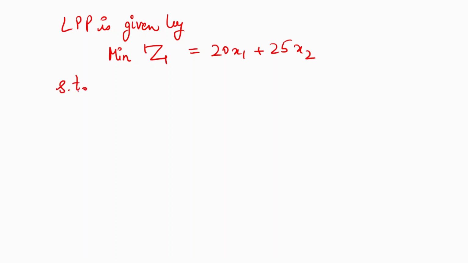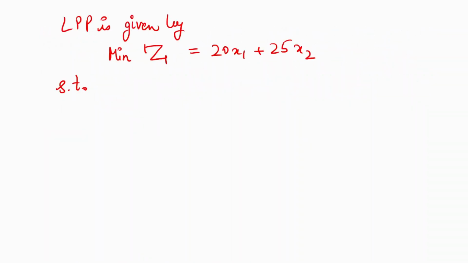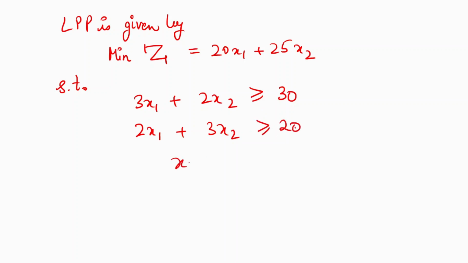Now when we are talking about the vitamin C and vitamin E constraints, there are 3 units for F1, so 3x1 plus 2x2 is greater than or equal to 30, the minimum requirement that they have. Similarly, 2x1 plus 3x2 for vitamin E is greater than or equal to 20 units, given x1 and x2 must be greater than or equal to 0. They have to be integers.